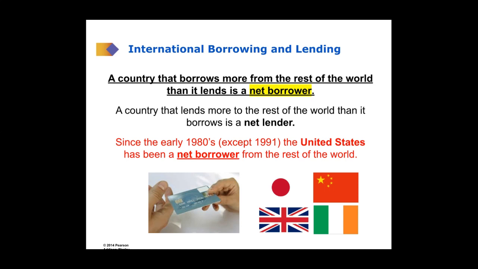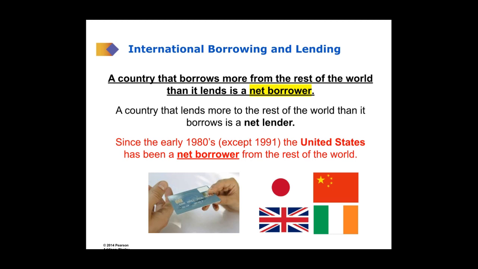This is due to the fact that the United States government has been running deficits, a half a trillion, now regularly 1 trillion, and in the last few years, $2 or $3 trillion per year.